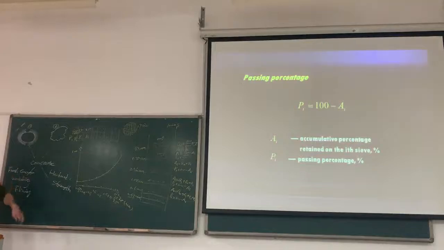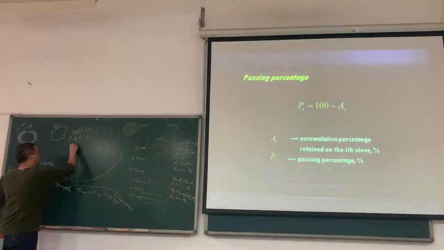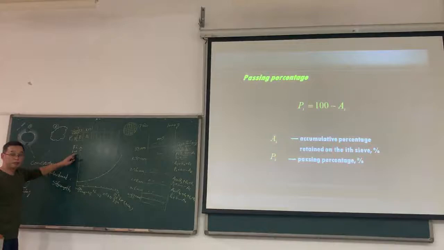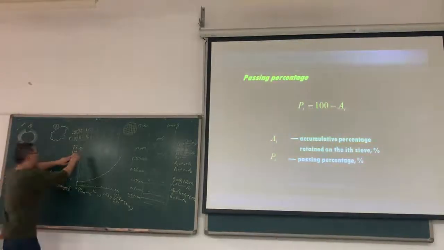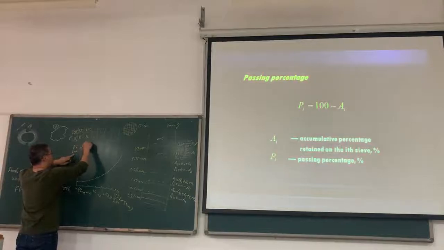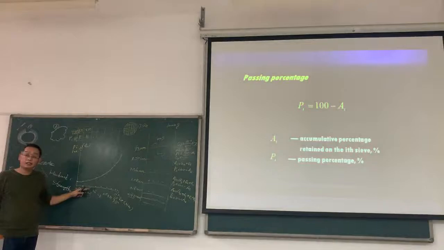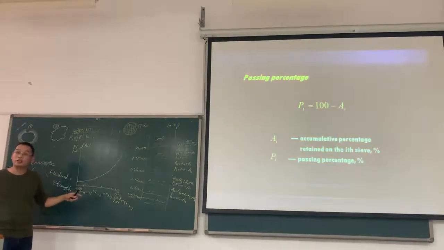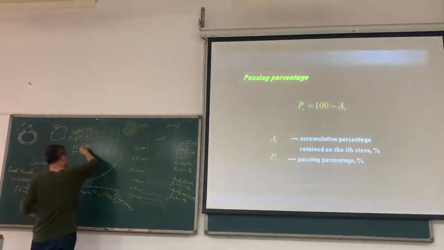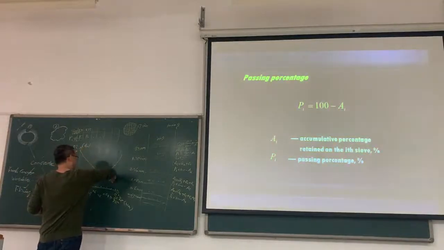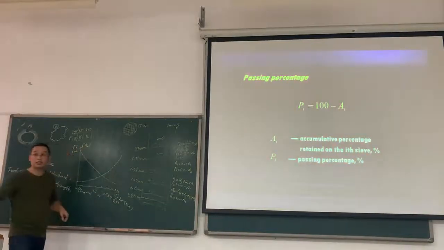However, maybe we have another. This is the passing percentage. But maybe we can use the accumulative percentage retained. The direction of the size is the same, but the direction of the curve changes.